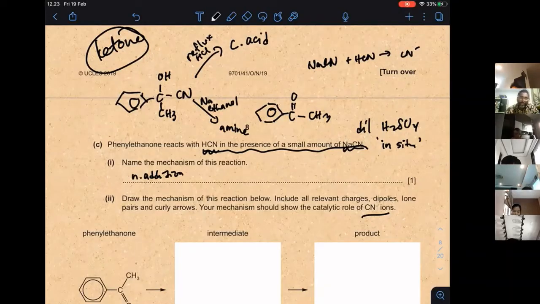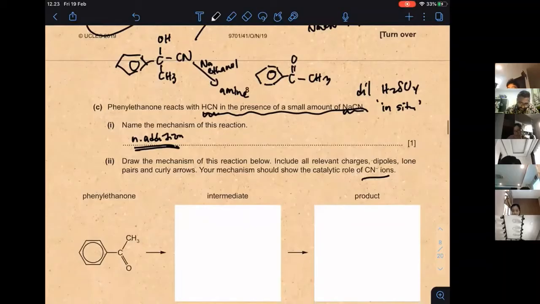They put everything together. When you put everything together, what will happen? The mechanism of this reaction is that the carbonyl group will react. In this case, you are going to be using the nucleophilic addition mechanism. The carbonyl group will undergo nucleophilic addition.